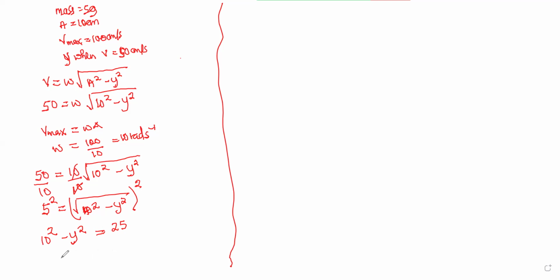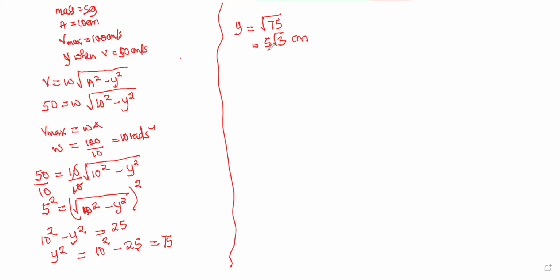Therefore, y squared will be equal to 10 squared minus 25, which is equal to 75. 10 squared is 100, so 100 minus 25 is 75. So y would be equal to the square root of 75, and this is 5 root 3 centimeter.